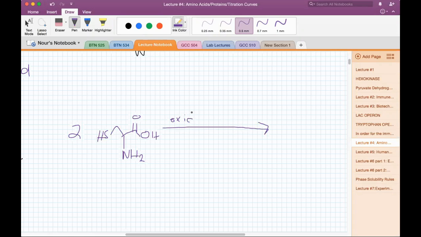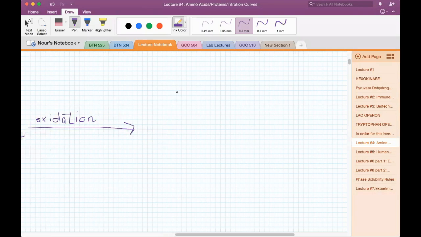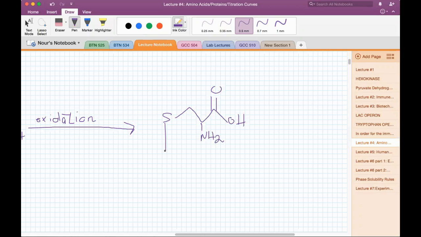That's oxidation. And that's a really badly written one, but I'll just keep going. And then the 2 hydrogens and 2 electrons.